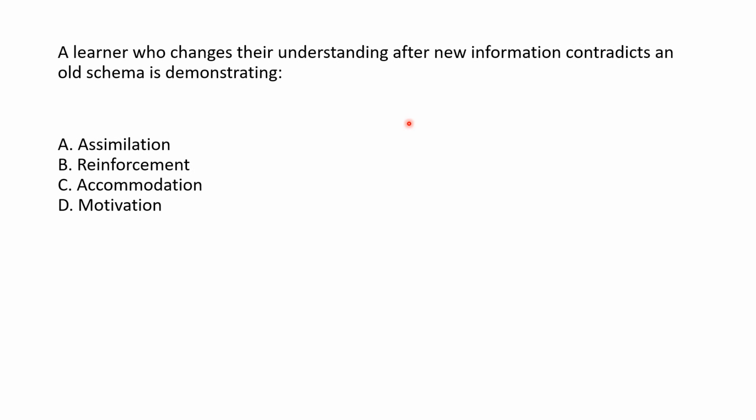Now, new information is gotten here, and the child wants to update the old information in the schema. In that case, we call it accommodation. So accommodation is taking new information into an existing schema.